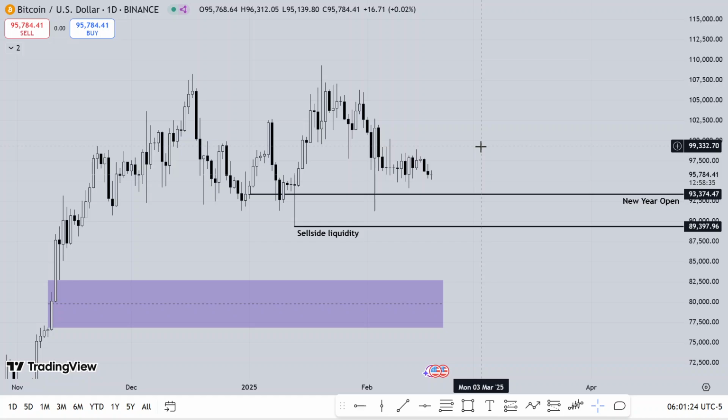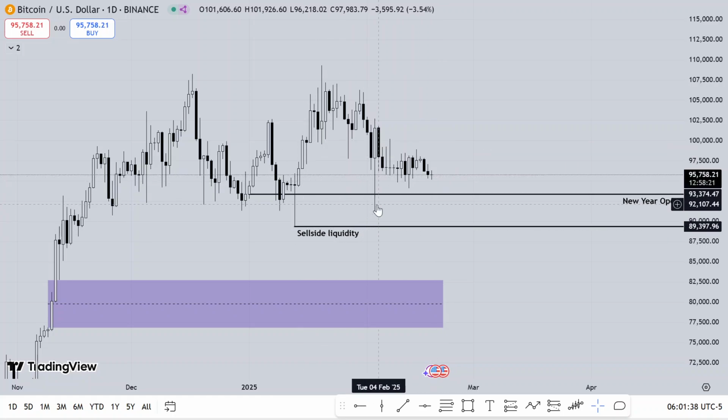And our own personal understanding is that when we have relative equal lows, we understand that traders will place stop losses below these relative equal lows. So we are seeking to pair up our sell position with the sell side liquidity, which is resting below these relative equal lows for profit taking.